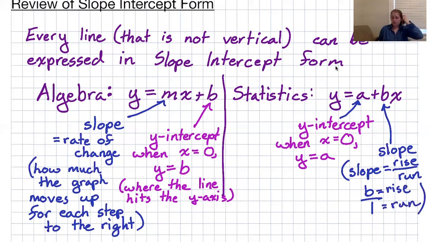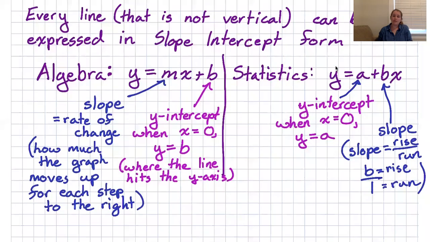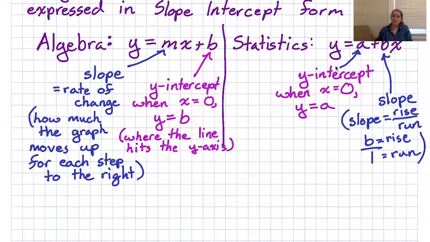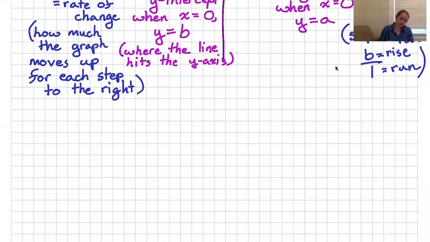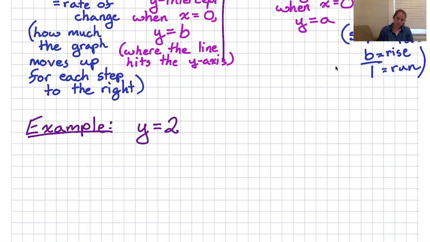So let's go ahead and just look at an example of how we could draw a graph based off of a line in slope-intercept form. So if we have the line y equals 2 plus 3x.